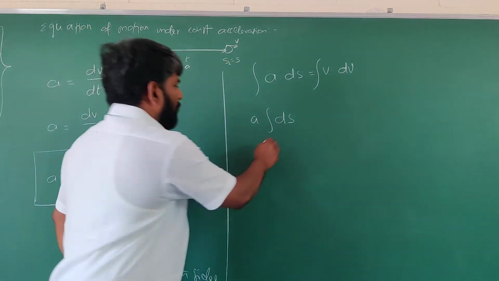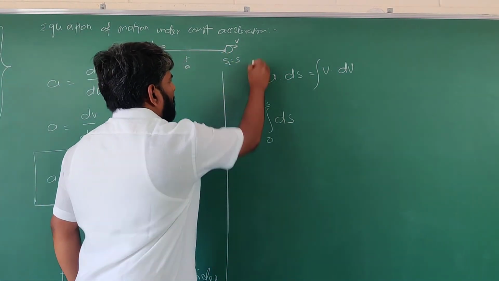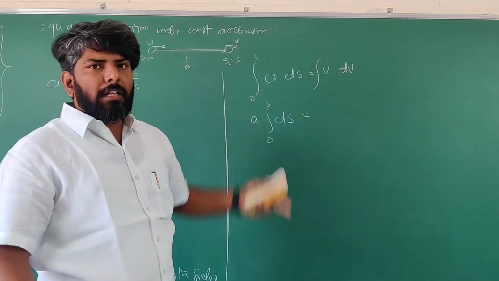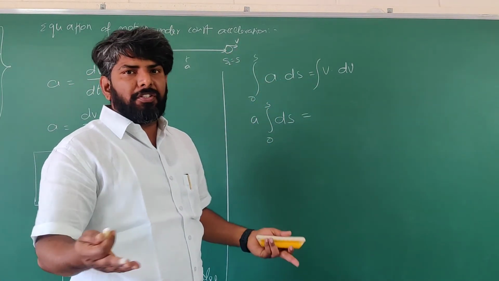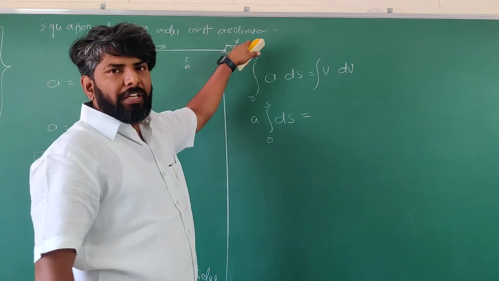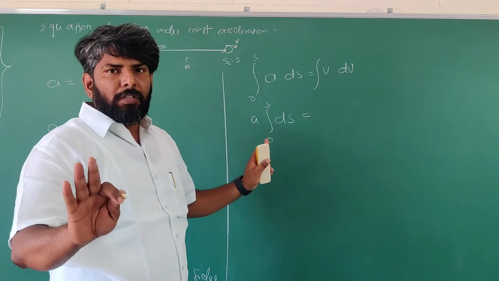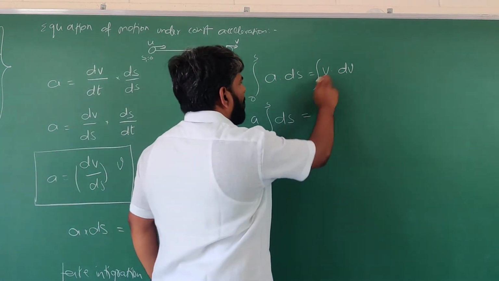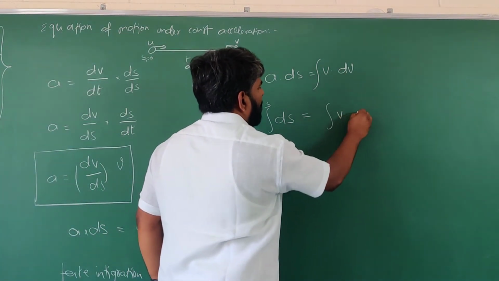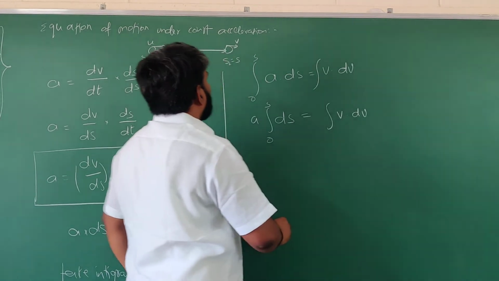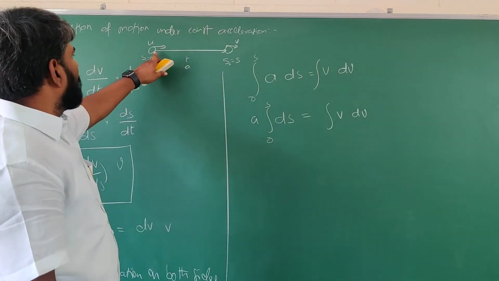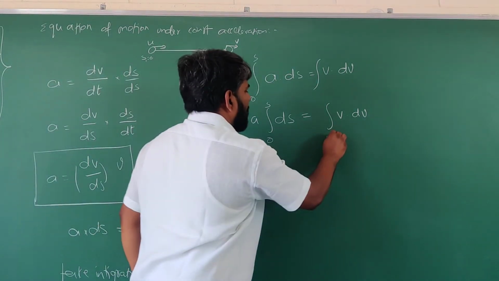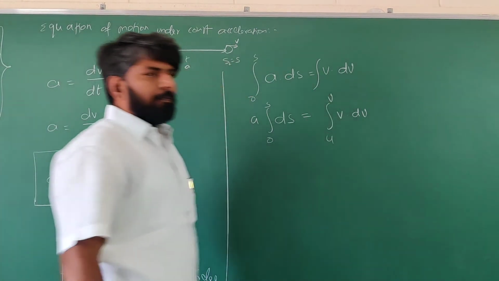This is equal to v, the final velocity, and that also is the same; it is not going to change in this procedure. Final velocity is v. So v comes out, or else just keep it as v. v into dv. What are the limits? From where to where does the velocity change? u to v. So the limits here are u to v.